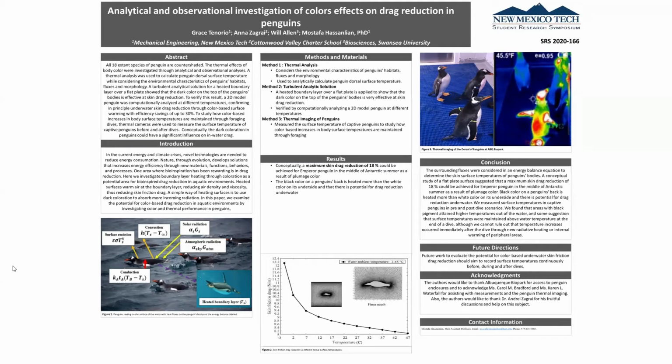So is there any noticeable structural difference in feathers on the penguins, front, top to bottom, that might also cause the drag difference? So are the white component of the penguin structurally different than the black component of the penguin?